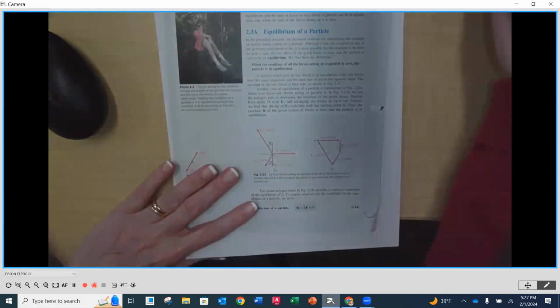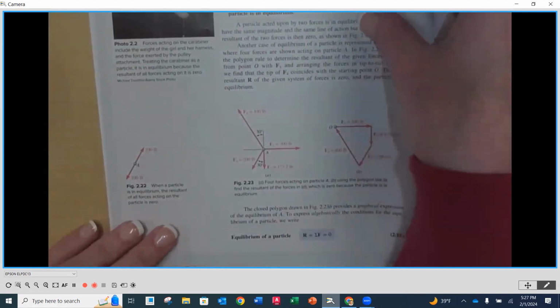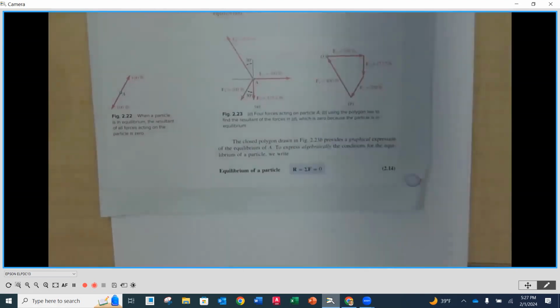Now, when we are in static equilibrium, again, in this particular section, we are keeping it to concurrent force systems. So our forces are all going to have a common point of application. Okay, so we'll see arrangements just like this. Now, as mentioned earlier, the resultants are all going to equal 0. And because we're dealing with forces, that means that we're dealing with vectors. So we're going to sum those vectors to equal 0.